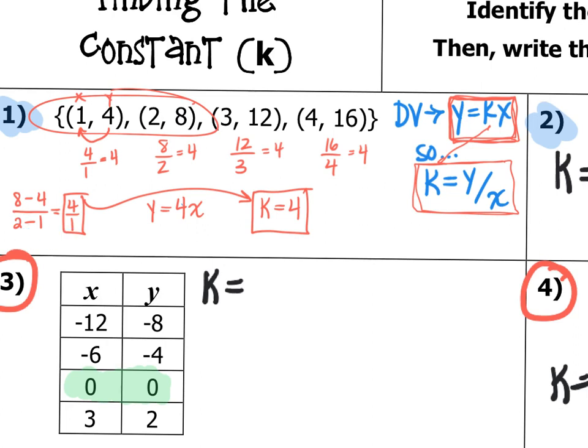Or if you can recognize that this is direct variation, you could just put your y over your x. The way I recognized that it was direct variation was that I put my y over my x, and it was the same number always, all the time.